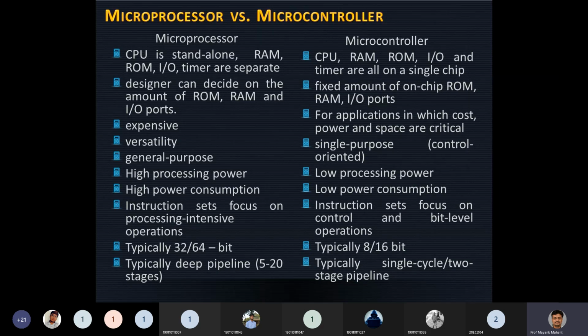Meaning on chip you cannot extend your ROM or your RAM. If this microcontroller has 1 KB of RAM and 32 KB of ROM, then that is fixed, and you cannot extend it. But in a microprocessor, you can extend the RAM and ROM on the basis of your requirement.